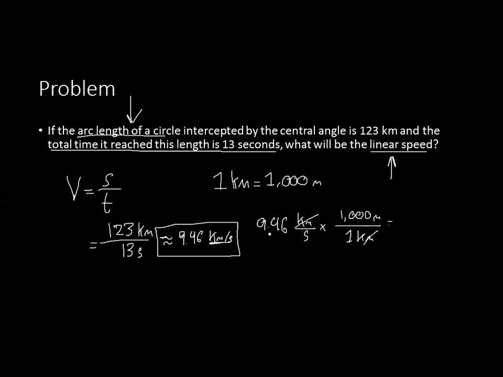So cancel the kilometers, then we can now multiply the fraction. So here, the answer, if you're going to multiply 9.46 by 1,000, we will have 9,460 meters per second. See?